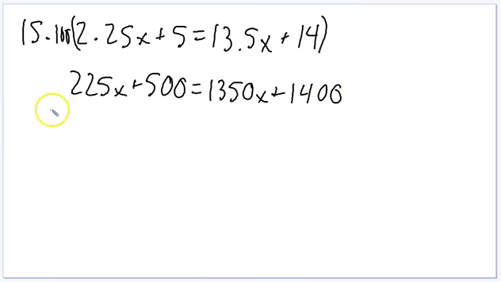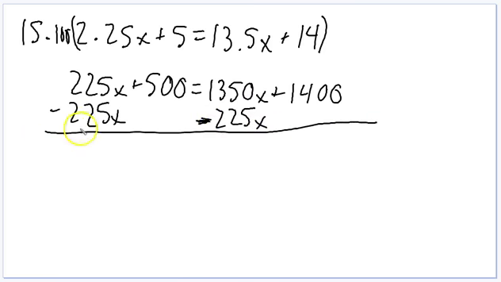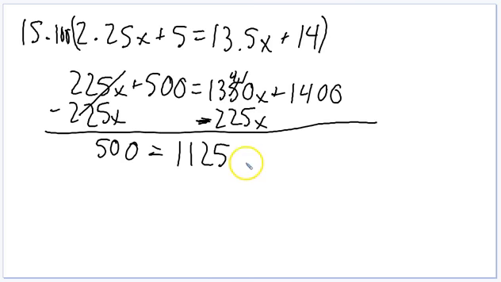So I'm going to move this 225x to the other side, keep my variables positive. So I get 500 equals 1125x plus 1400.